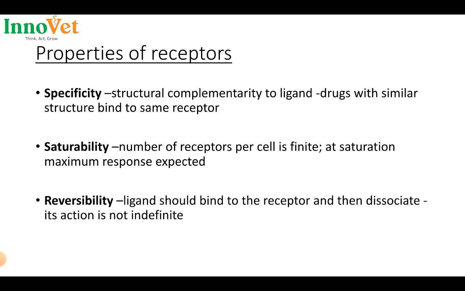Another property is reversibility. That is, being able to be reversed or brought back to the beginning or the origin. So a ligand should bind to the receptor and then dissociate. So its action is not indefinite. This is useful because imagine these drugs were actually binding to receptors and they will bring about a response, and that response was prolonged.